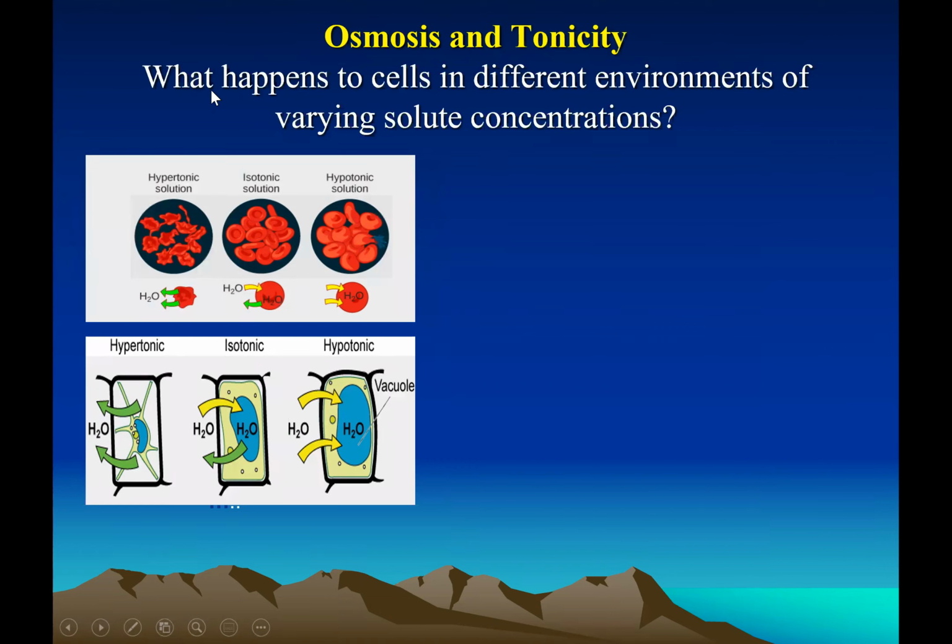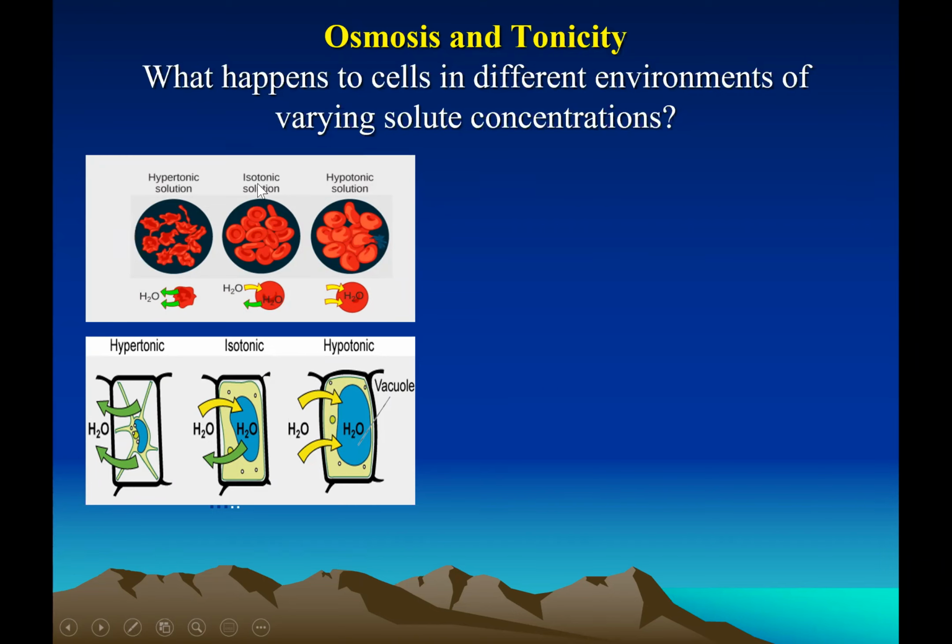When you say solution, it means it has a solvent and a solute. In a sugar solution, water is the solvent and sugar is the solute. Plant cells and animal cells will differ in their response to different tonicities.